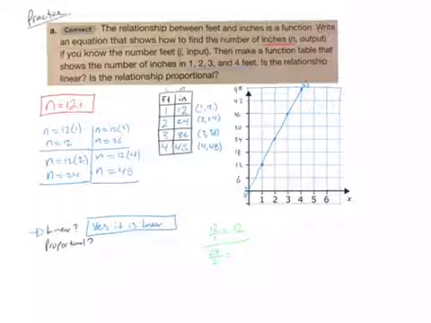Well, that reduces to just simply 12. What about 36 over 3? Yes, it comes out to be 12. And then the last one would be 48 over 4, which comes out to be 12. So is this proportional? I would say yes, it is proportional.